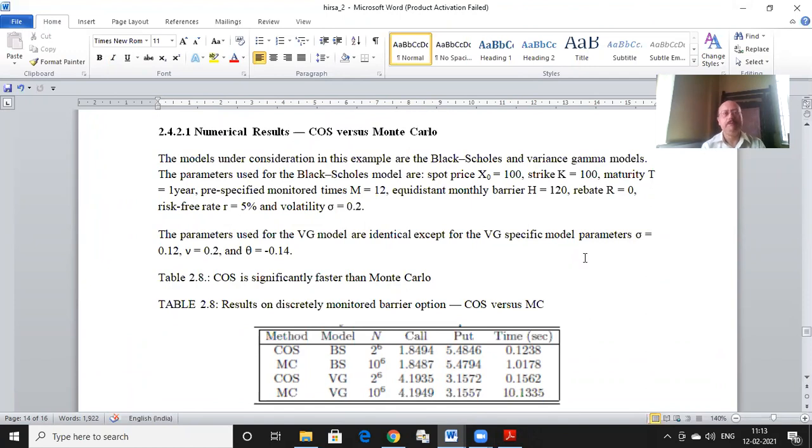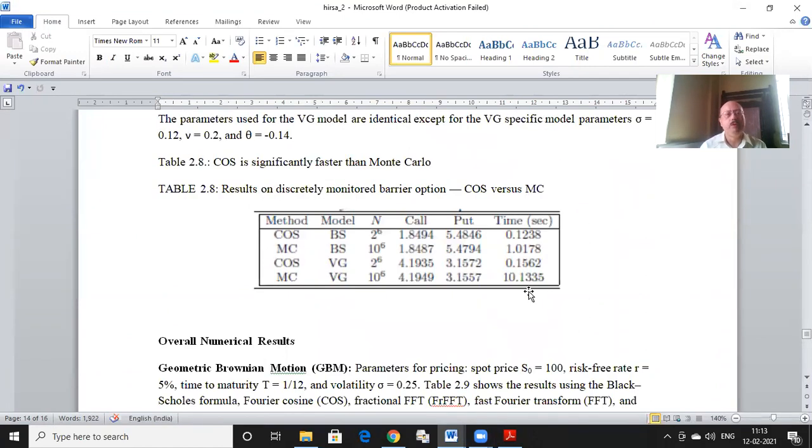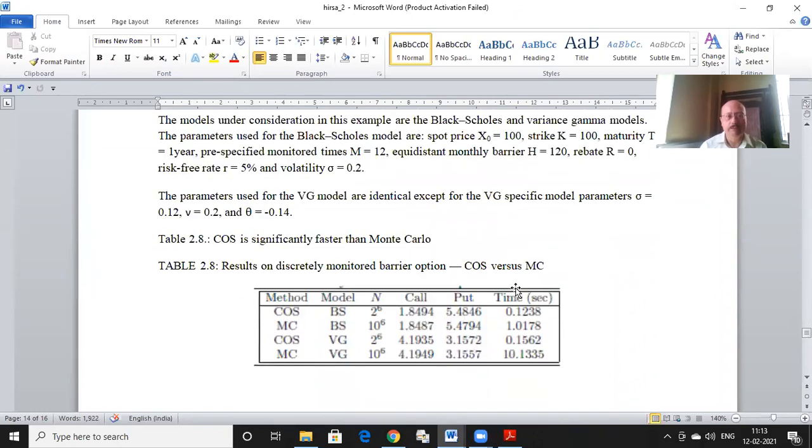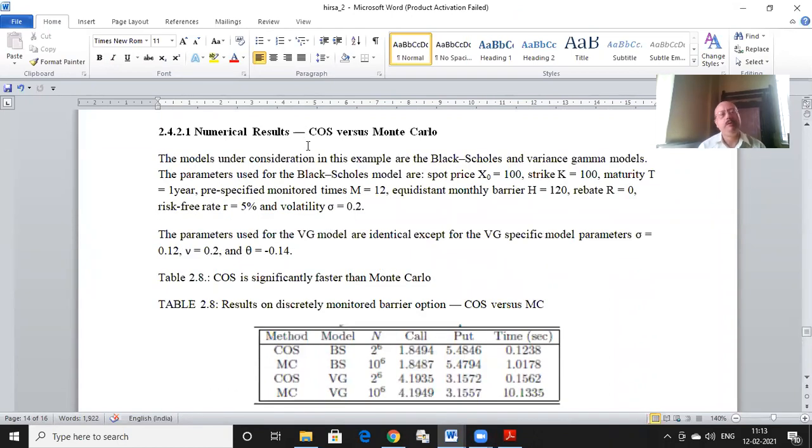We claimed that the cosine method is the fastest of these characteristic function methods. So numerically, we want to see how good it is for some of the standard models. First of all, I compare cosine with Monte Carlo, which is the most general method, but also the most expensive method, because you do not make any assumption and completely rely on simulation techniques.